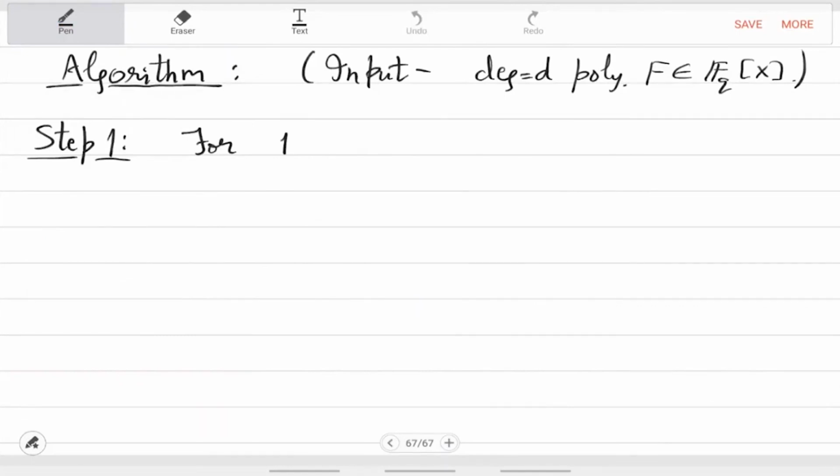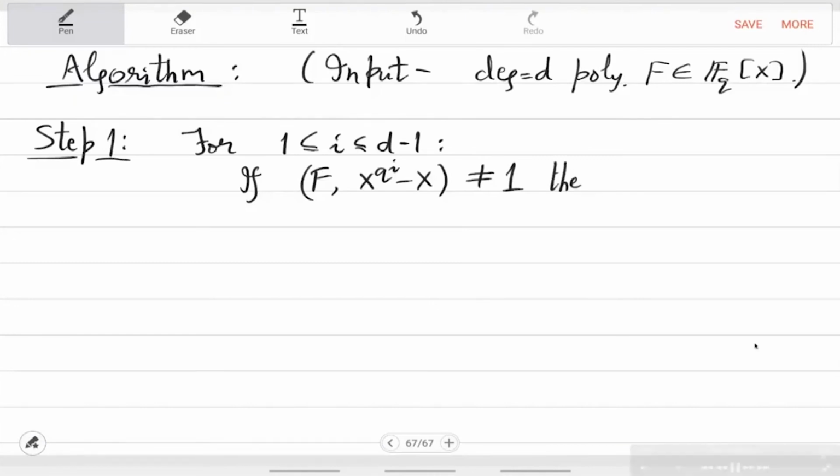So this is just a for loop. In case the GCD is not 1, then you have a certificate of reducibility.